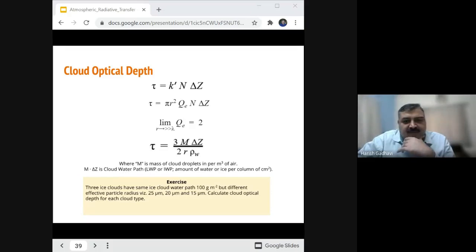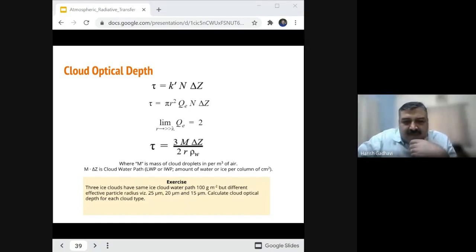Heath has got 9.5 for 10 micrometer, but I have not asked for 10 micrometer, but fine. You have done extra work, that's good. Nishal has got 7.5 optical depth for the 20 micrometer. Okay, Heath, so for 15 micrometer, your answer is 10.